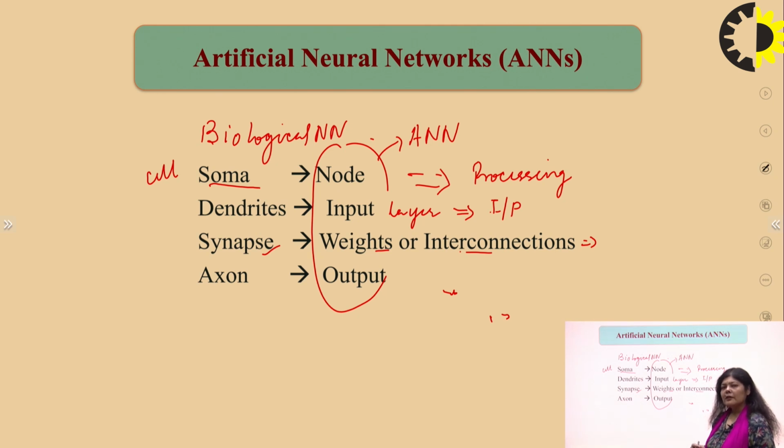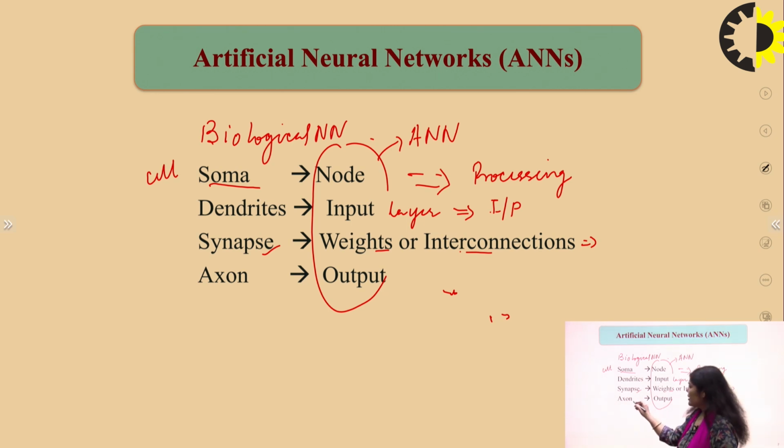So how much weight does that processed information carry? Is it more important or is it less important? The weight decides this, and thereby we can say that the weights are actually controlling the strength of the signal, that is, how much signal is going to pass from one neuron to the other neuron.